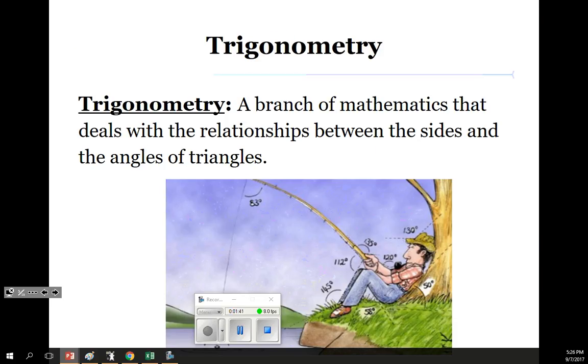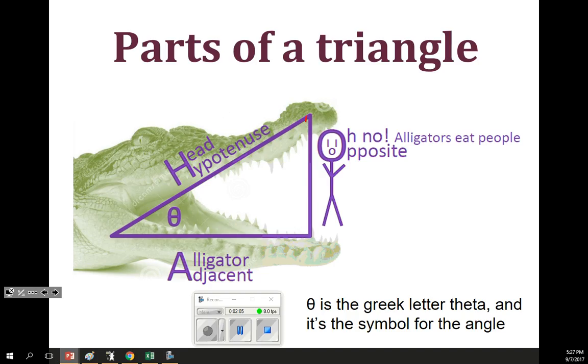Trigonometry is a branch of mathematics that deals with the relationships between the sides and the angles of triangles. It surrounds us. It is all over us. As you can see, the fella that's just leaning up against a tree on a nice, maybe summer, cool fall, fishing. And you can see all these angles around him and his pole and the ground and the tree that he's laying against. So it is relevant.